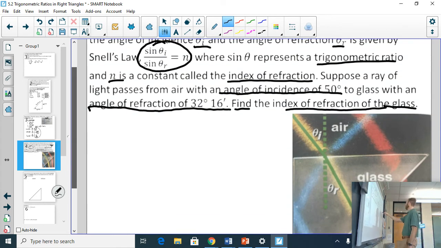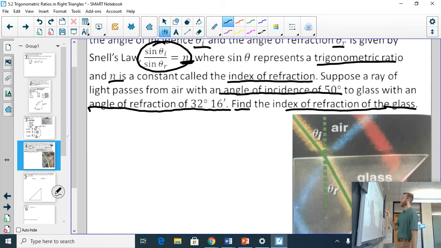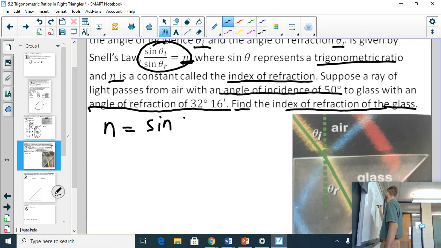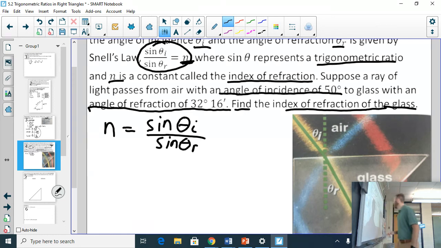So we're finding the index of refraction. What is that? N. N is the index of refraction. So we're looking for N, and that is sine theta sub I over sine theta sub R. It gives us theta sub I, 50 degrees, the angle of incidence.